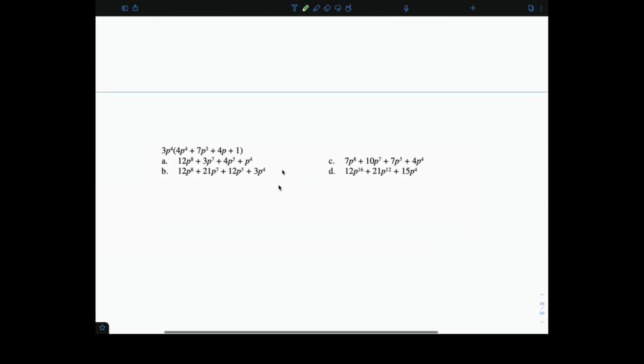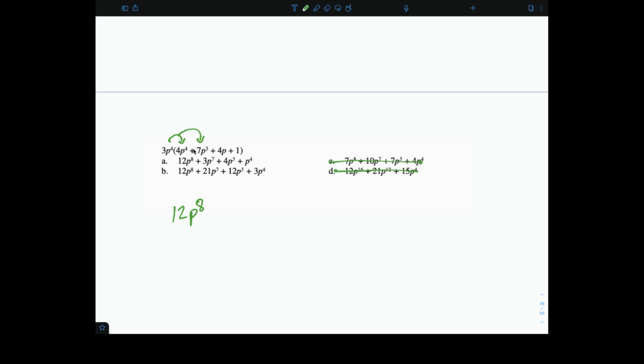Next up, we have some more distribution here. So this is nice because we'll just multiply the numbers and add the exponents. So we see that initially we're going to have p to the 8th. Notice that we are adding the exponents, so you have 8 of them. That means the back 2 are going to be gone.